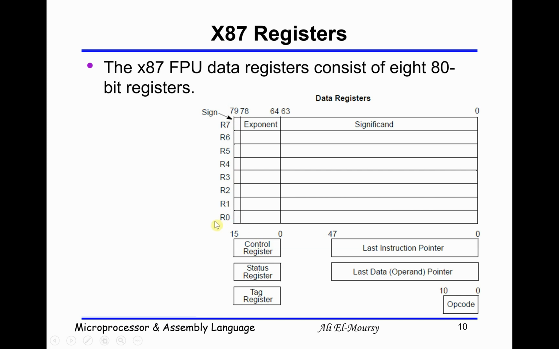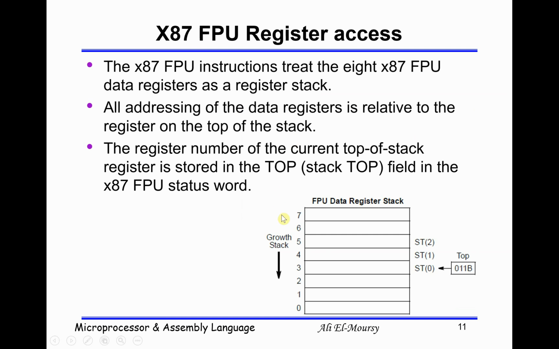As you can see here, we have what we usually call a register file, which is a stack or a bank of registers numbered from 0 till 7. However, in your programming, these registers are accessed in a stack fashion.